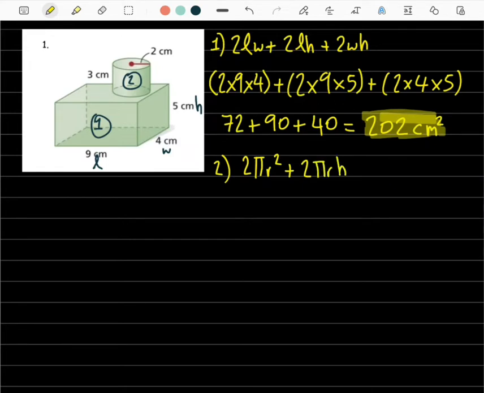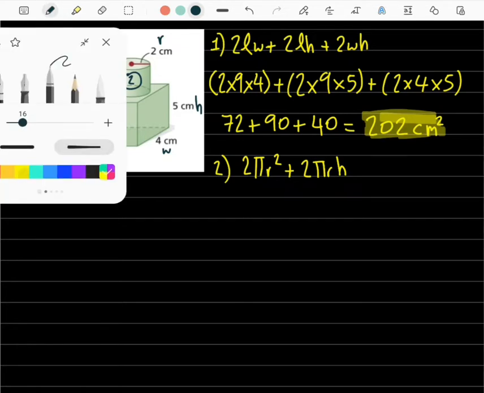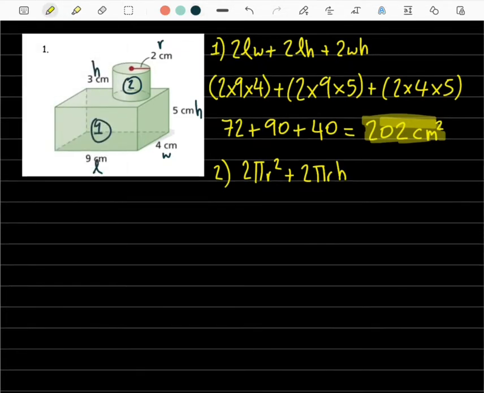There are two circles, the top and the bottom, and the curved surface area is 2 pi r h. Now we see that the radius is 2 and the height is 3. Now let's substitute our values right here.